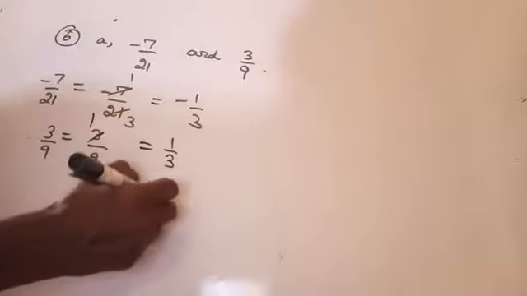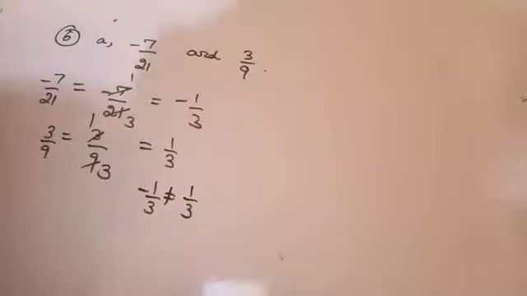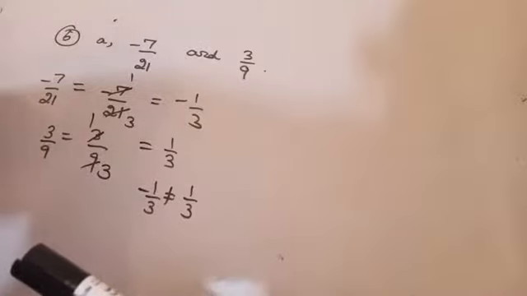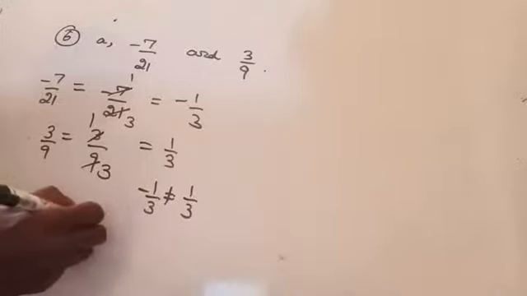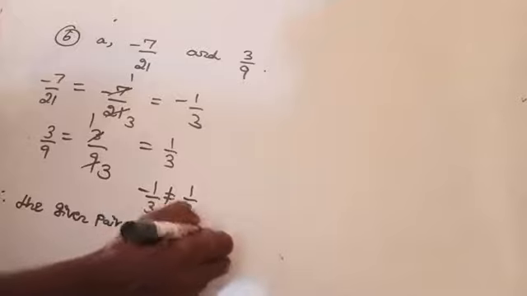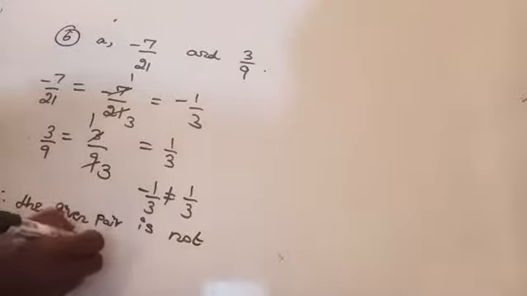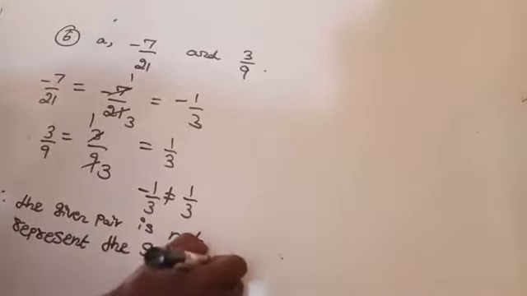But minus 1 by 3 is not equal to 1 by 3. Therefore, these two rational numbers are not the same. Am I right? Therefore, the given pair does not represent the same rational number.